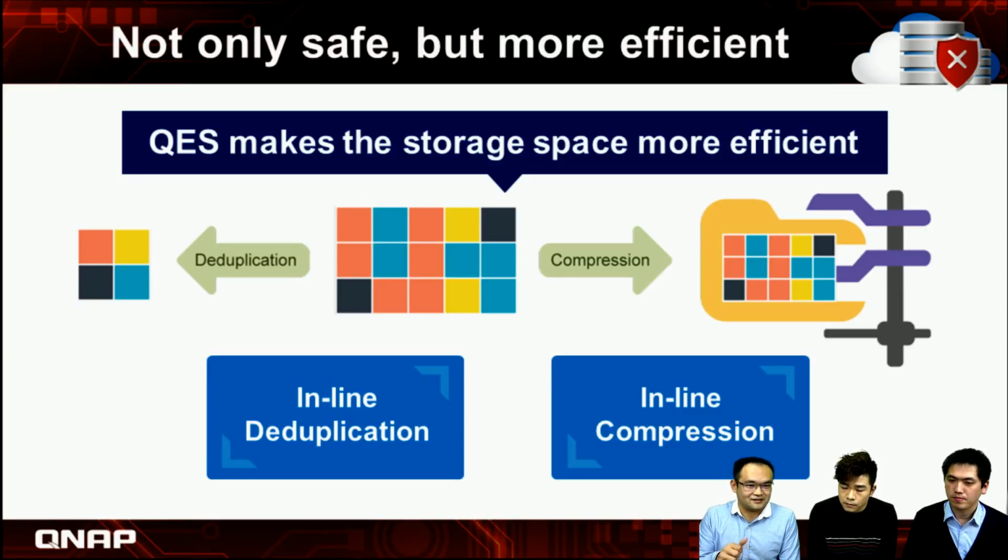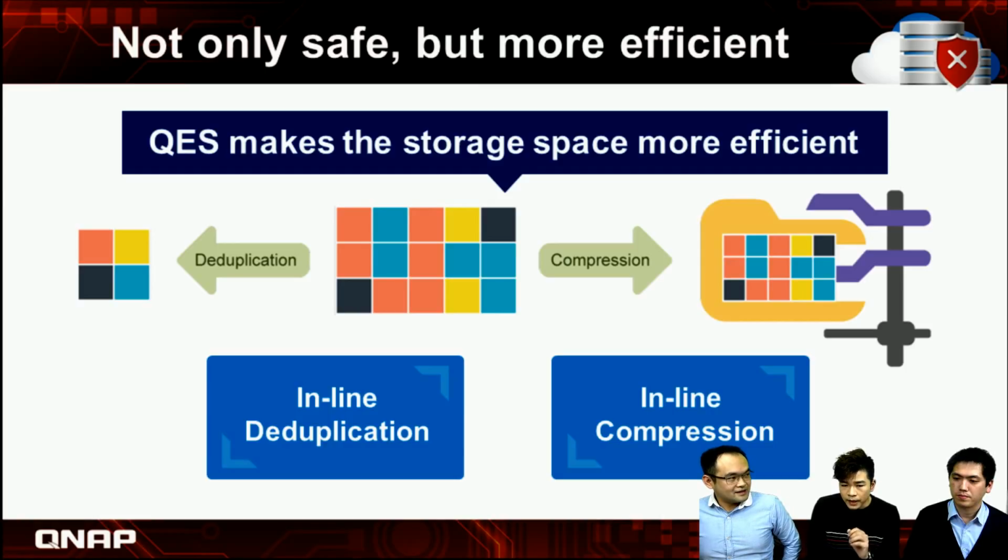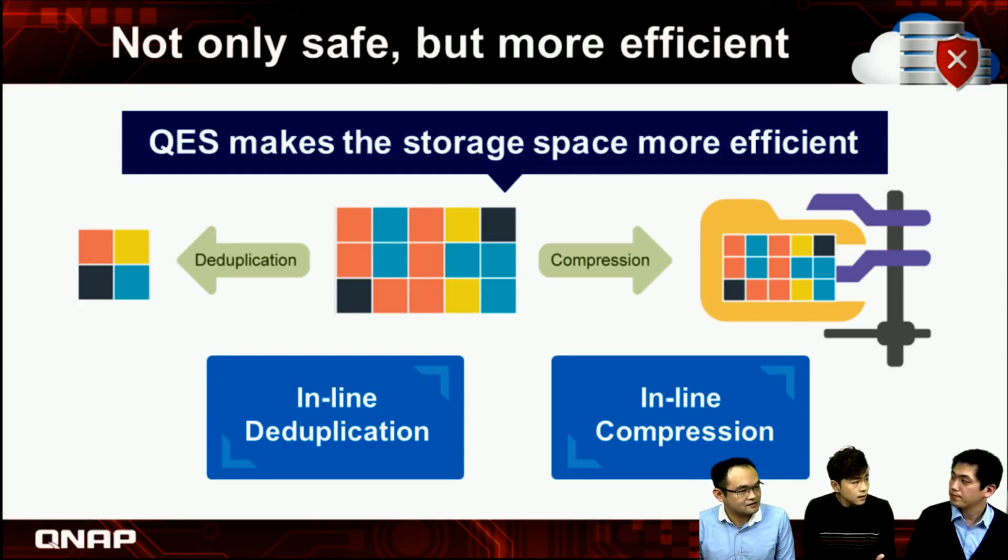So QES has two features that make your storage space more efficient. The deduplication will give us more space, right? And the compression will also provide us more efficient space on the storage.